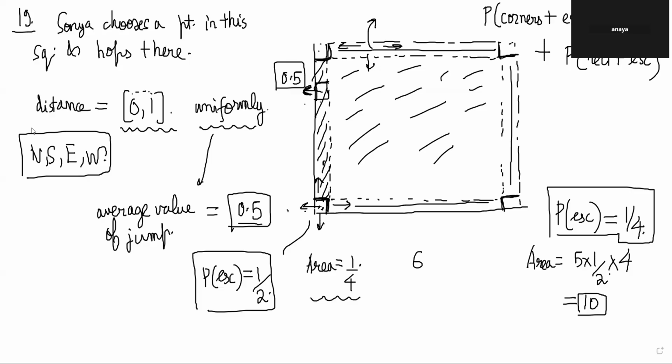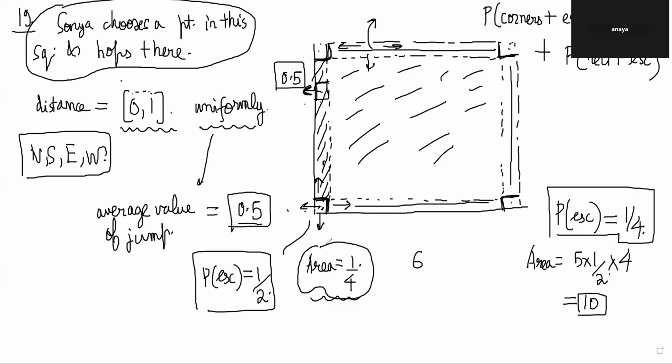So what is the probability that initially she chooses a point such a way that she ends up in the corner squares, the 4 corner squares, right? She could have chosen any point in the whole square. Corner square, if you see, has area of 1 by 4 only, right? So total area of all the 4 corners is how much? One.